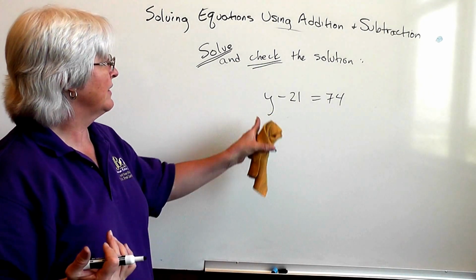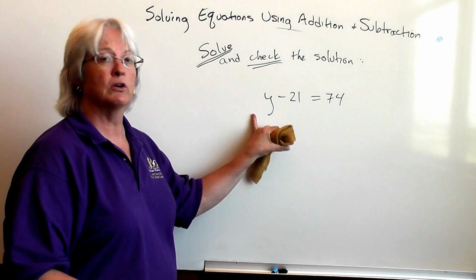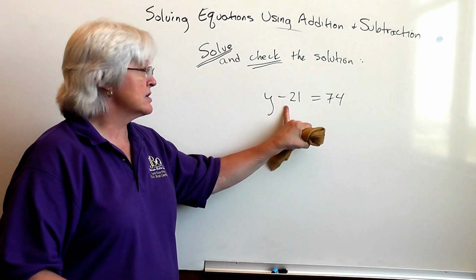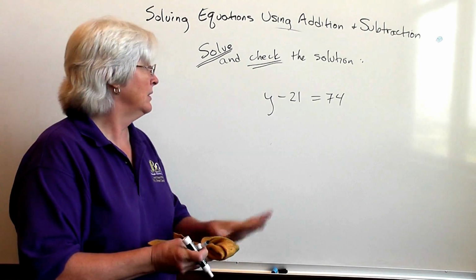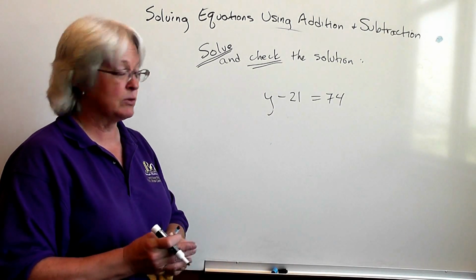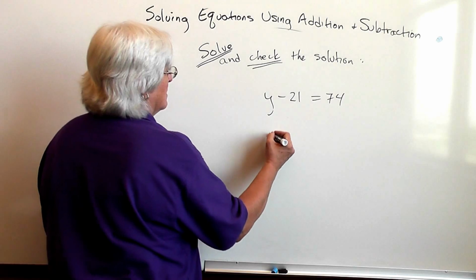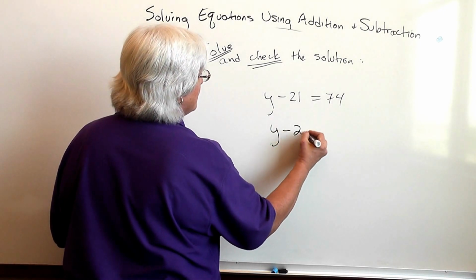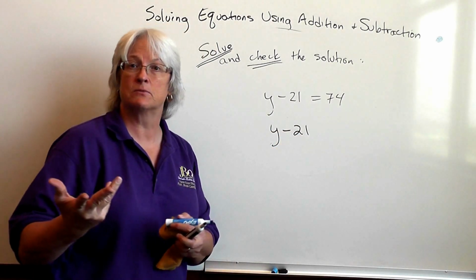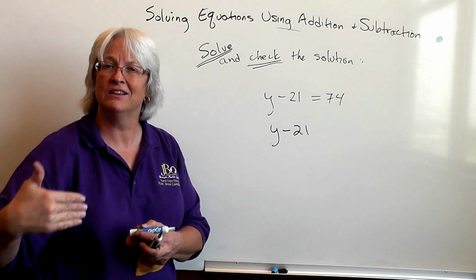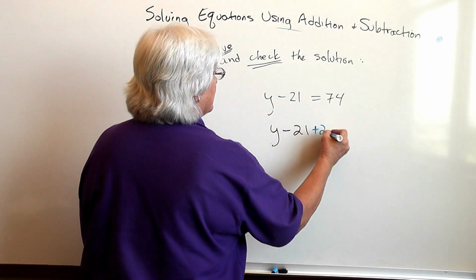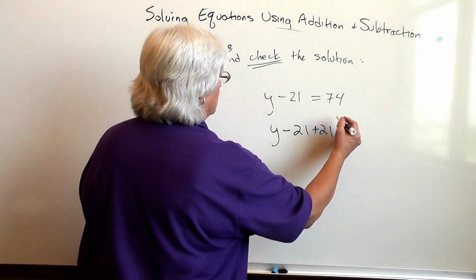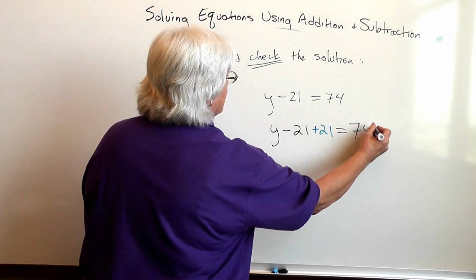Solve. How do you solve this? You look for the variable and see what's been done to it. Have you added something? Have you subtracted something? We've subtracted 21. Then you think, what is the inverse of subtraction? What operation undoes what has happened here? Addition. You add that same value, 21, to 74.